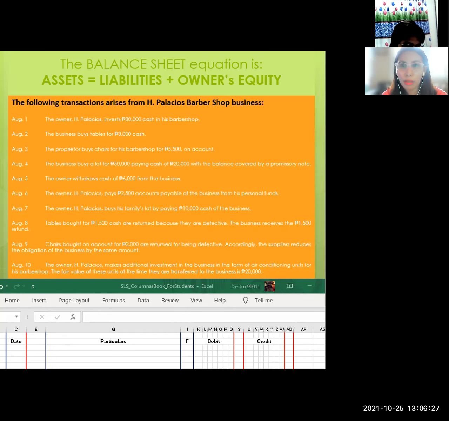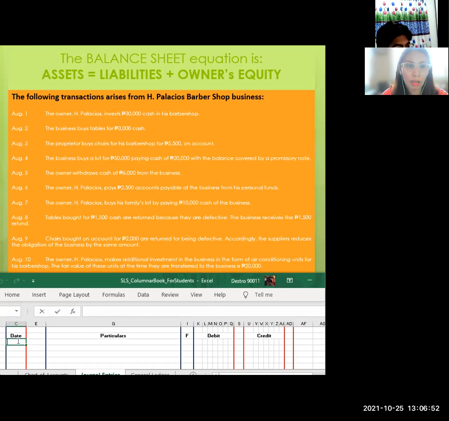Okay. So we ended sa anong number yata? I think it's number 7, or August 7 transaction, tama? Kindly check your notes. So on the first column, yung leftmost column will be the date.